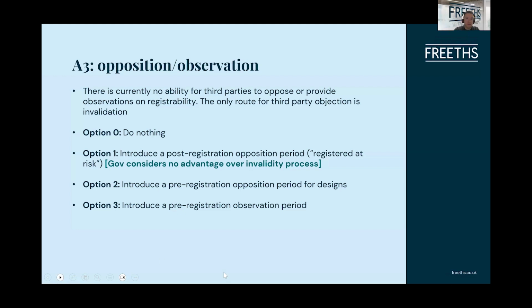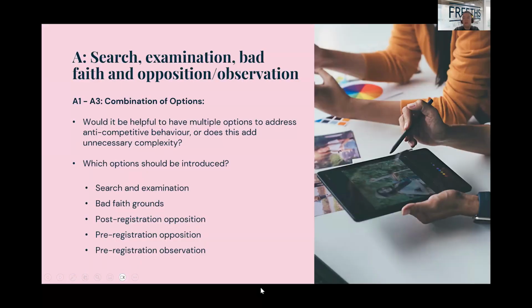And as the consultation recognises, really there's going to have to be a combination of these options to tackle the problem of invalid designs on the register. And so of those options, my own view is that the best combination would probably be a limited search and examination at the IPO's discretion, combined with a pre-registration observation period.